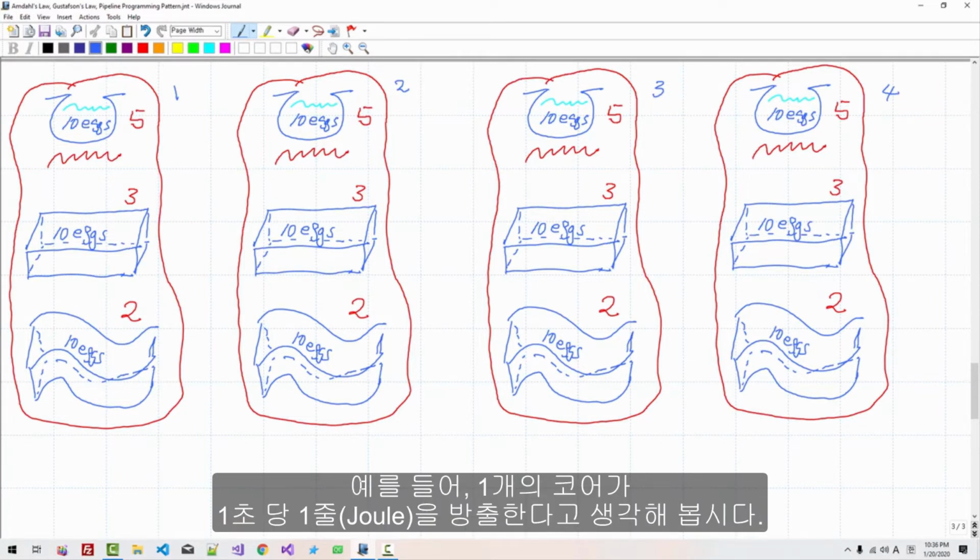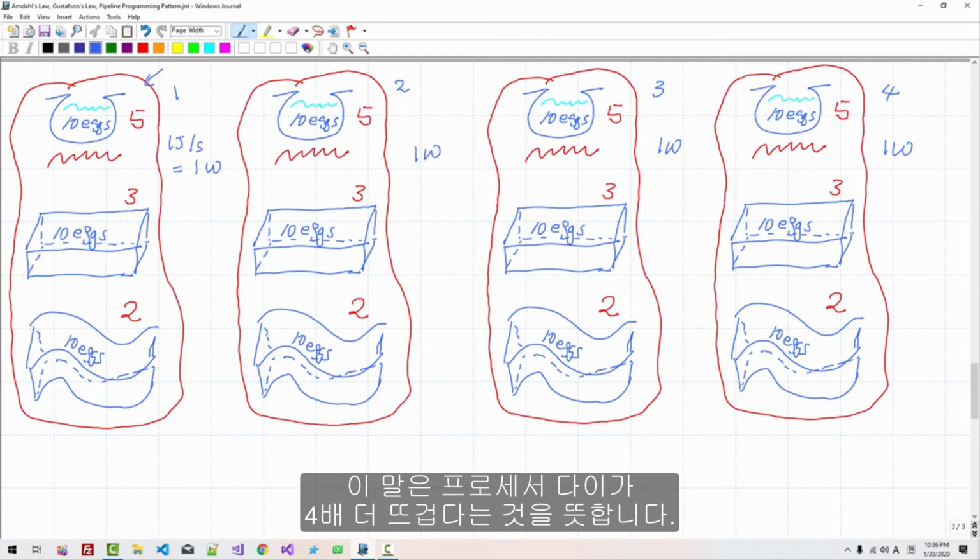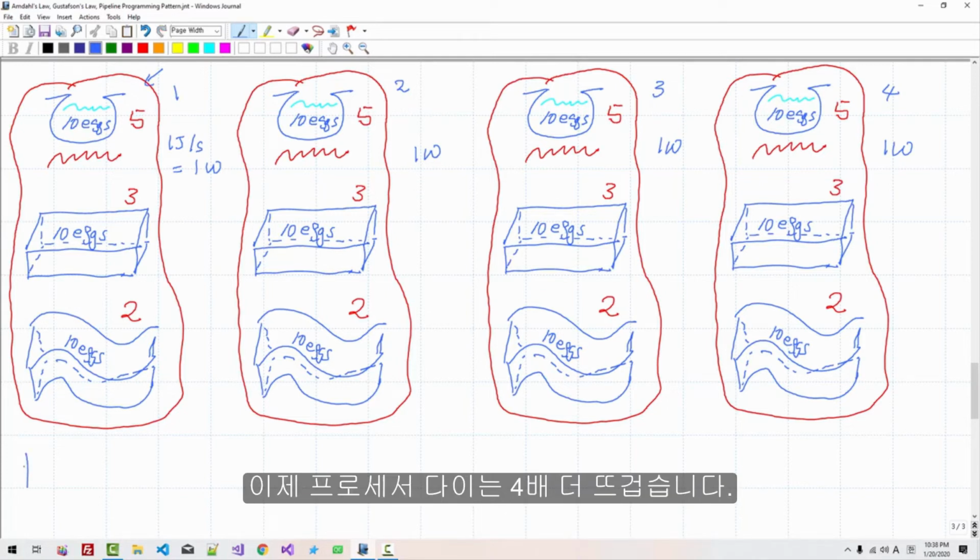Suppose 1 core dissipates 1 joule per second or 1 watt, then 1 watt, 1 watt, 1 watt. Now our processor die dissipates or consumes 4 times more energy. That means our processor die is 4 times hotter.